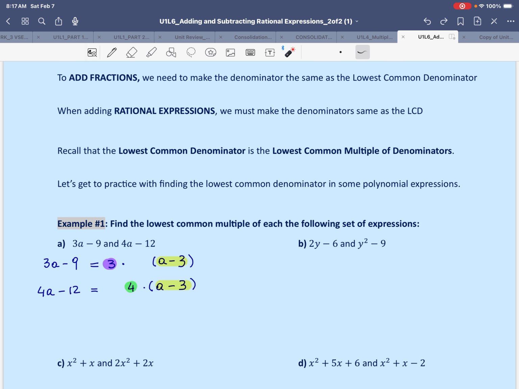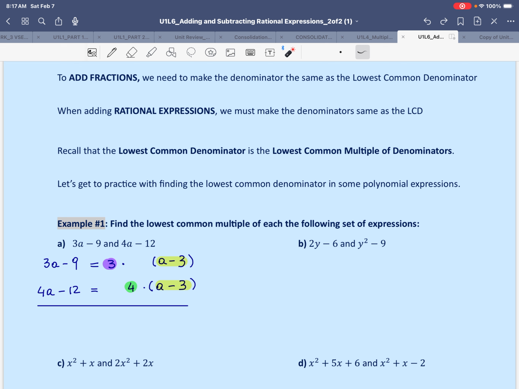Notice how I aligned the common factors, a minus 3, together, and for numbers 3 and 4, which are factors of respectively 3a minus 9 and 4a minus 12, I assigned a specific spot.